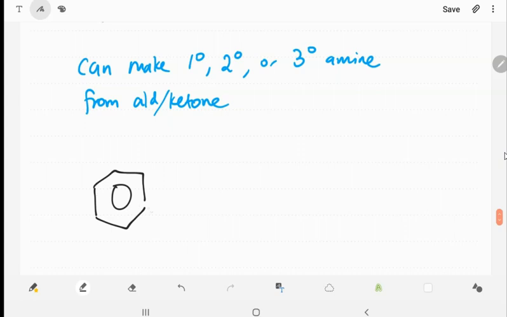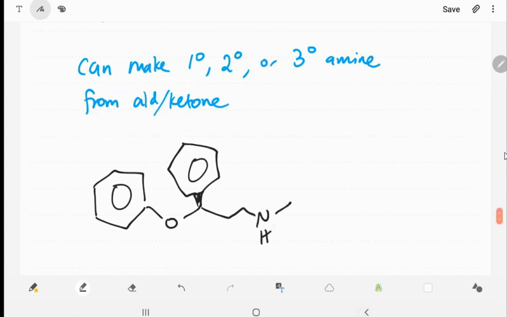These drugs have such damn complicated structures. Yeah, I'll draw the whole thing. All right, here's Prozac. Last step of this thing is probably putting on the amine.